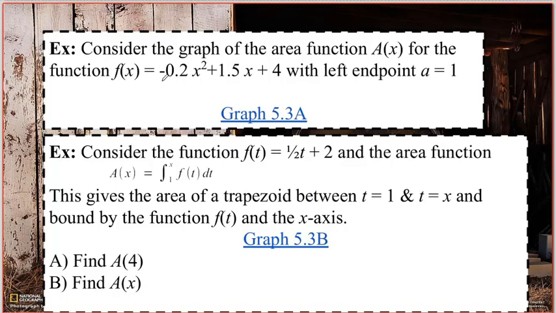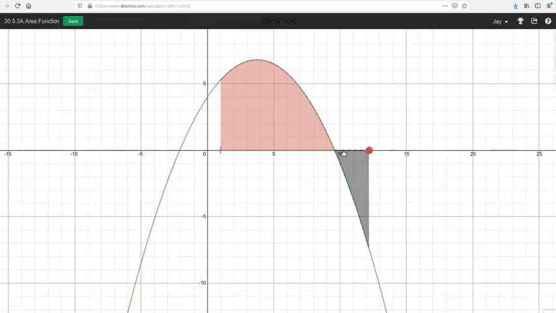This is the graph of the function we just looked at, negative 0.2x squared plus 1.5x plus 4, with a left endpoint of 1. The area function with the left endpoint 1 tells us what the area is, and from the definition, that is the definite integral from this starting point 1 to whatever x value we land on.